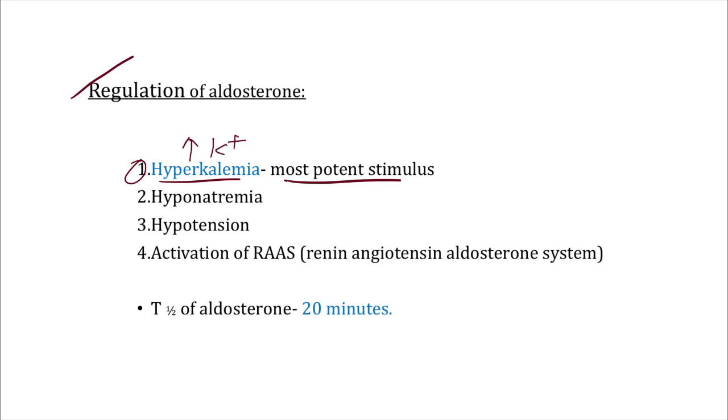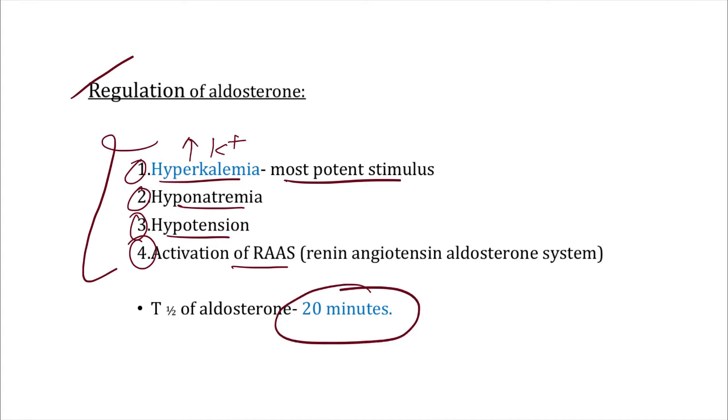Now the second is hyponatremia, the third one is hypotension, and the fourth one, very important, is activation of the RAS system, the renin angiotensin aldosterone system. So these are the four factors which regulate the aldosterone secretion. Very important. Now see pharmacology. The T half of aldosterone is 20 minutes.